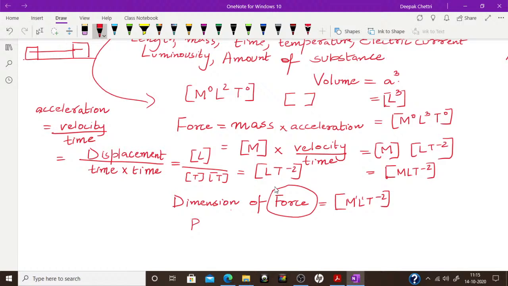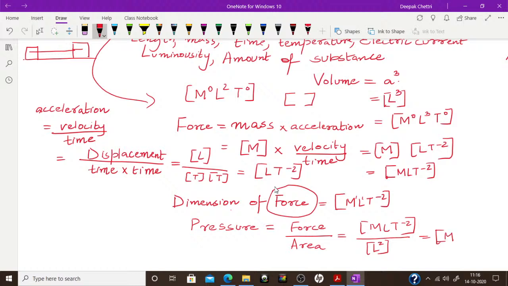Similarly we can find the dimension of anything. If you want to find the dimension of pressure also, you can do it, right? You should know the formula, like I said. The pressure formula is force divided by area. Force we just found, it's M L T minus 2. Area we know is L square. So combining all three, I will get M L minus 1 T minus 2. This is the dimension of pressure.